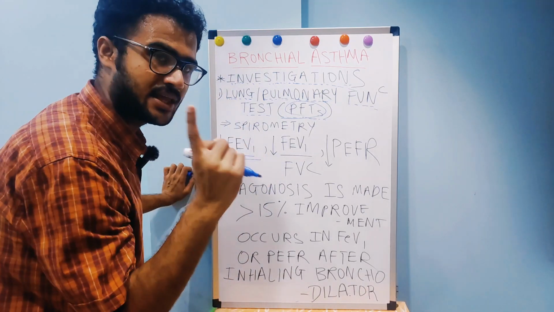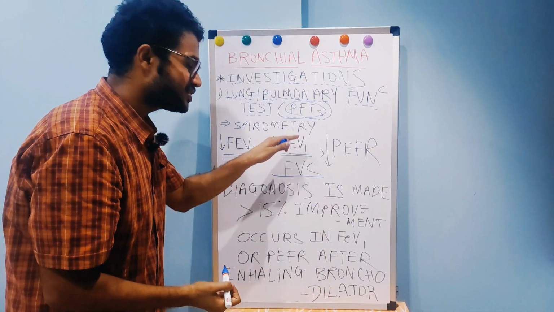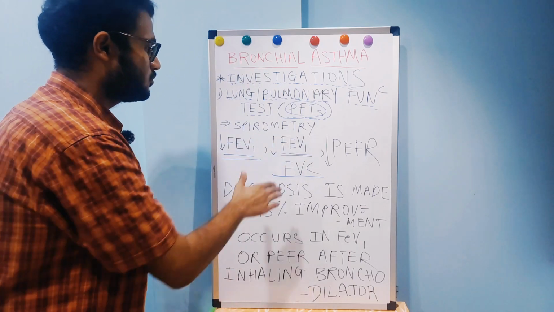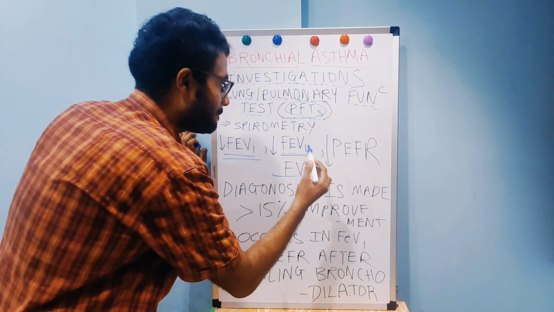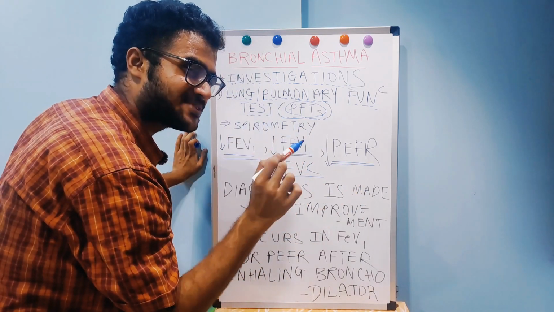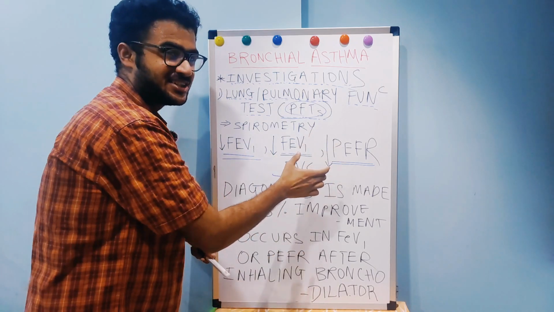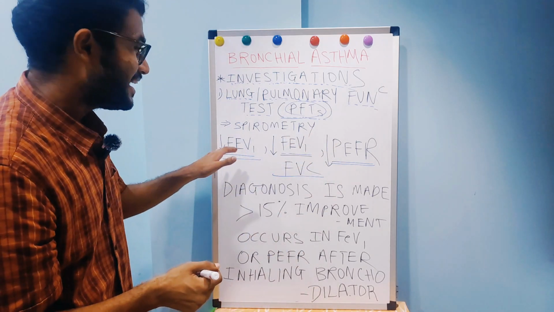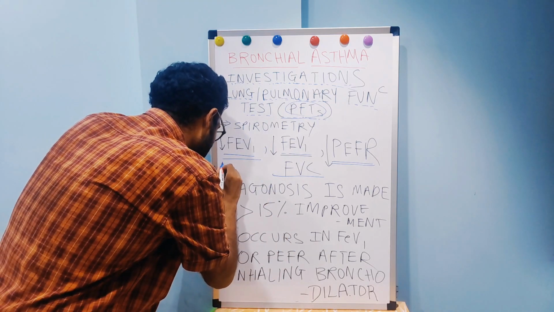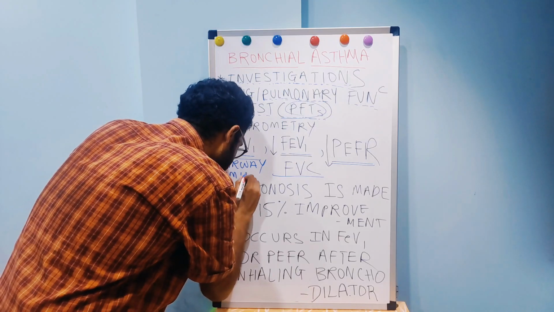Then the ratio FEV1 by FVC, forced expiratory volume 1 upon forced vital capacity, and PEFR, peak expiratory flow rate. In bronchial asthma, these all are decreased, and they indicate airway limitation or obstruction.